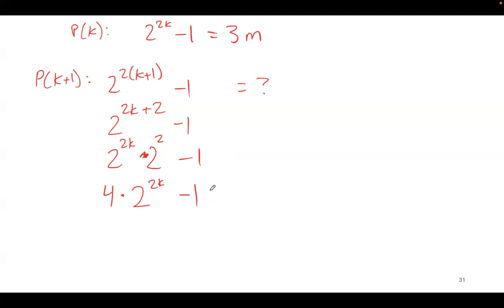This is where it kind of gets complicated. So we've got a 4 here. It would be really great if we could factor out a 4. We can do that with a little bit of sneakiness. Remember, the left-hand side of something without an equal sign is only an expression.